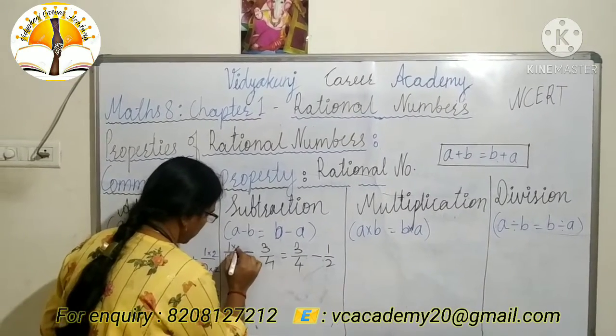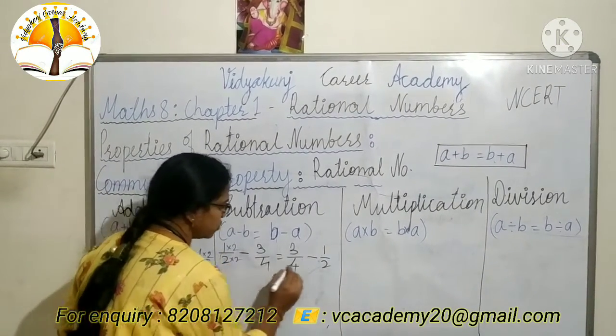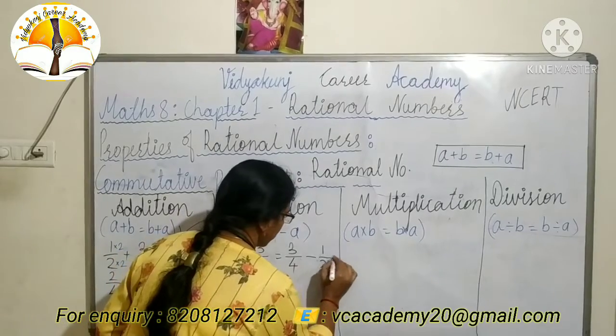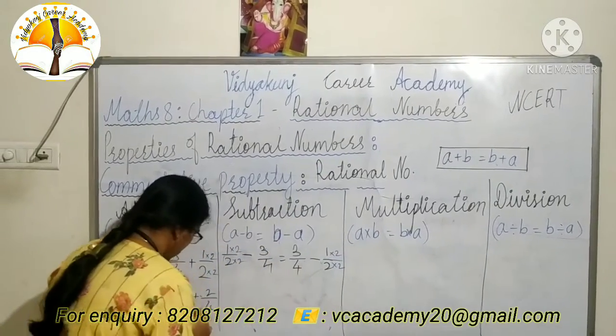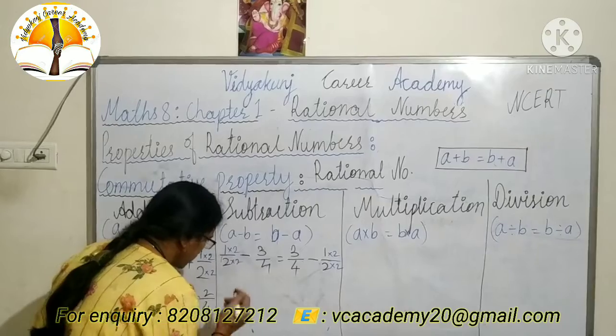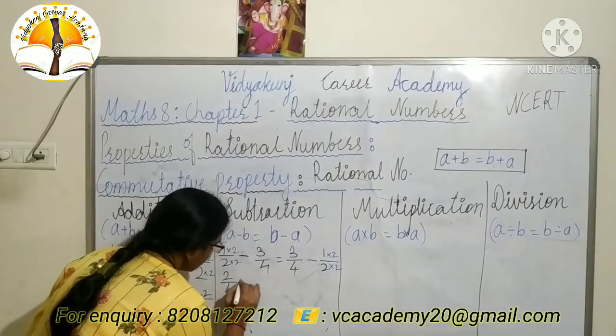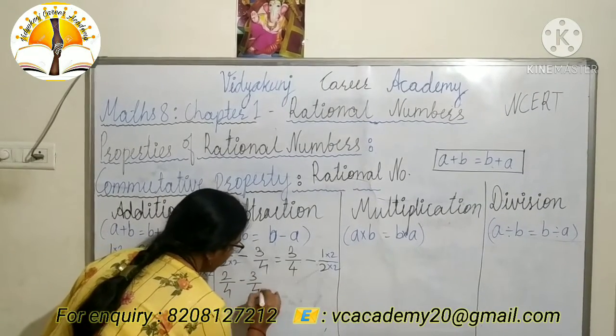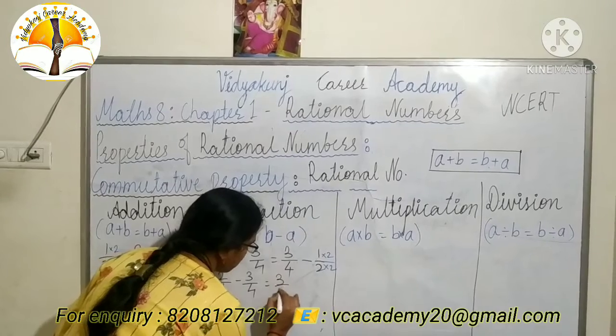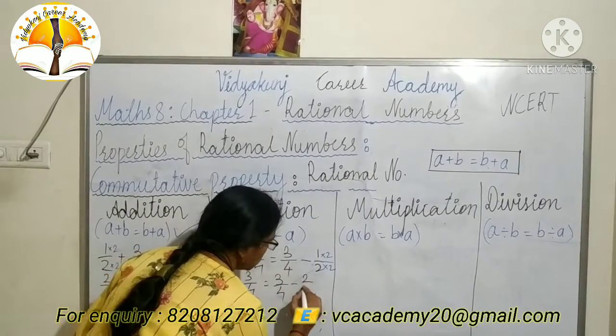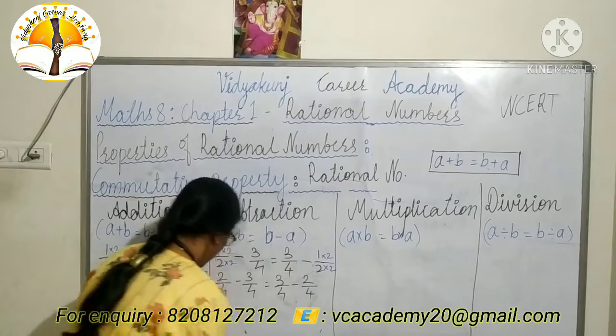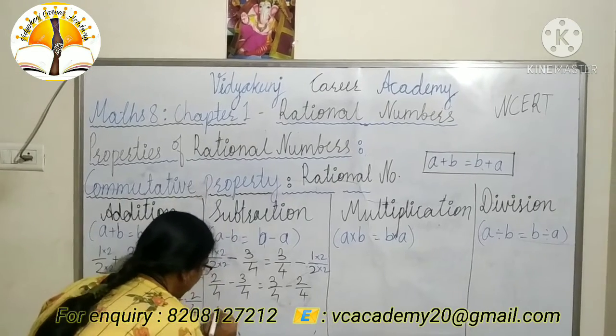So here also you have to multiply by 2. Okay. Now I will write here answer. 2 by 4 minus 3 by 4 is equal to 3 by 4 minus 2 by 4. Now you have to write here.